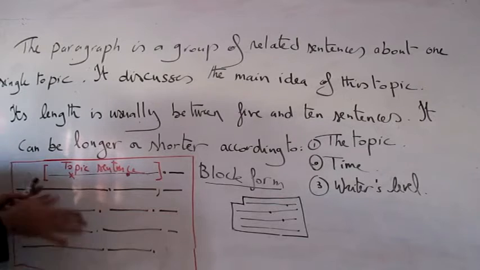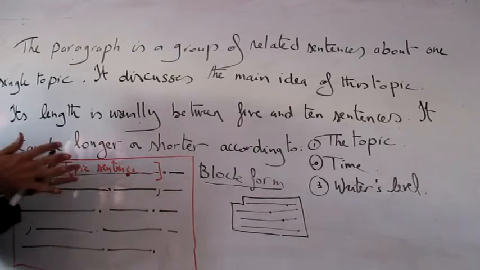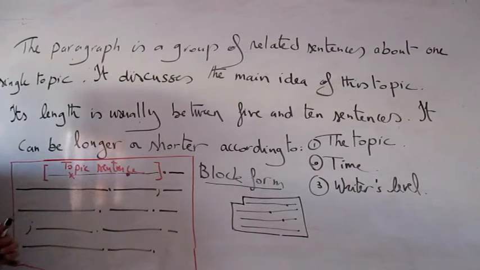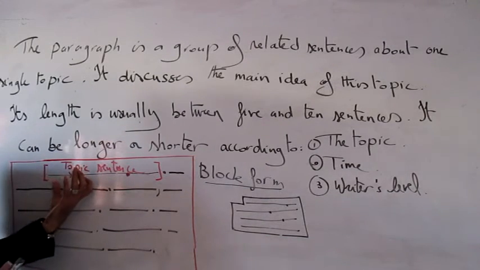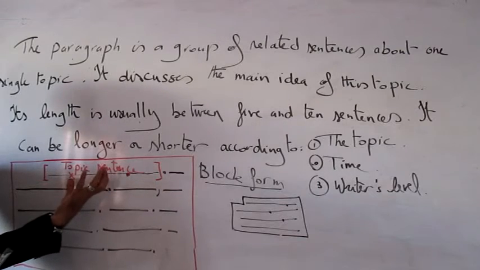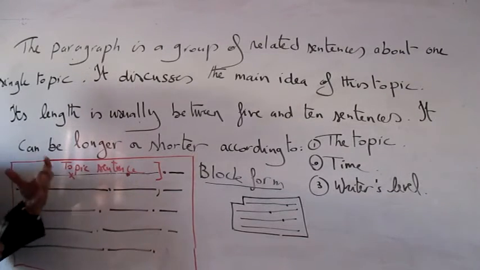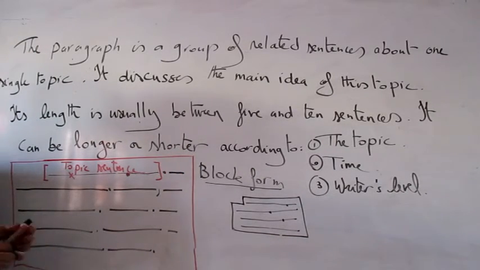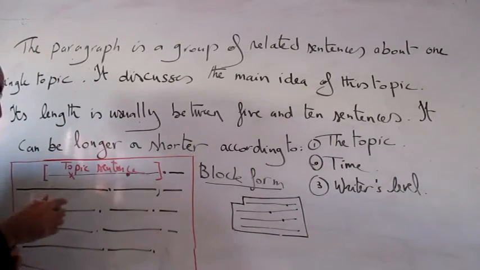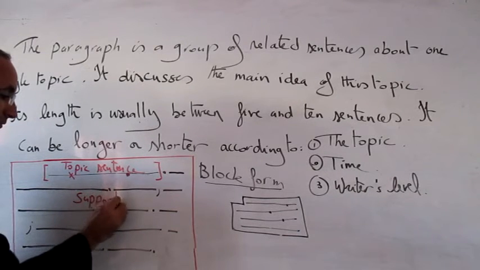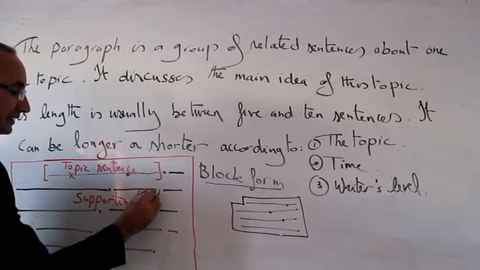So we need to limit the range of our development of this topic in these few lines of the paragraph. Good. Now when I introduce my topic and specify its main idea in my topic sentence, I move on directly to the second part of the paragraph, which is called the body, or supporting sentences.